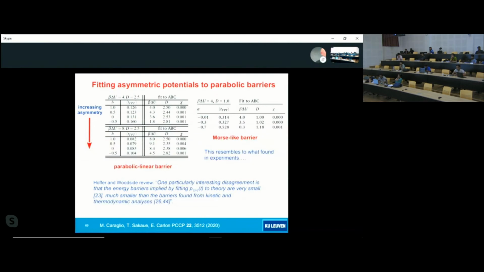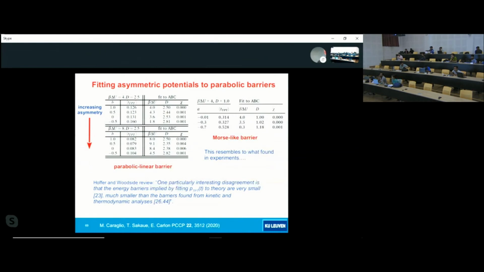And I think that our work points to one potential problem with this fitting: to do the fitting and to extract realistic values and the right values of these coefficients, one has to know the shape of the barrier. Otherwise you would find something much smaller.